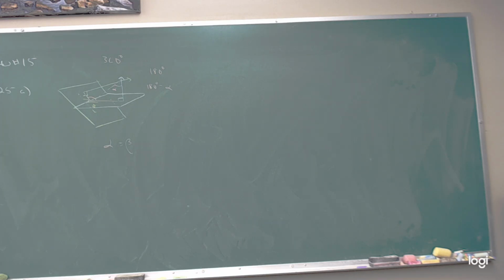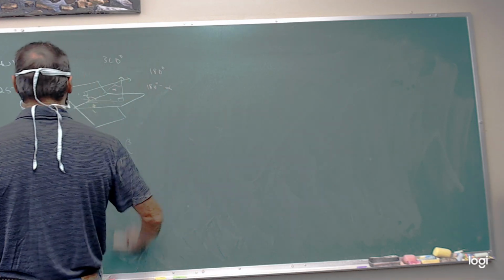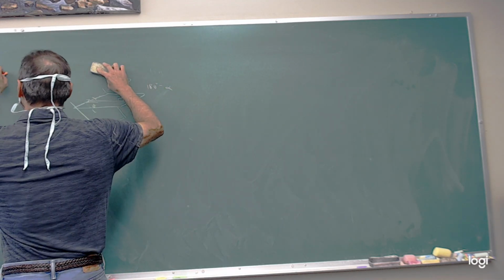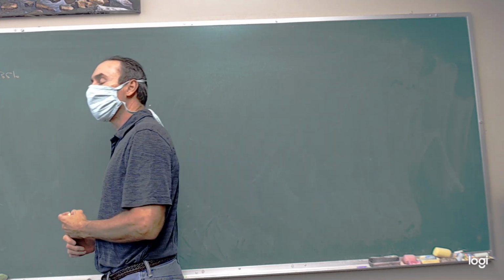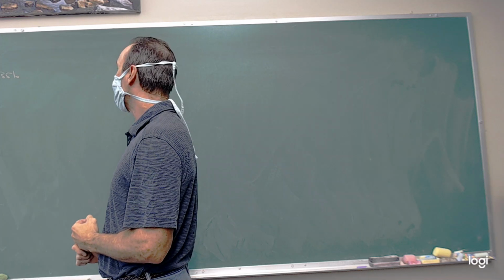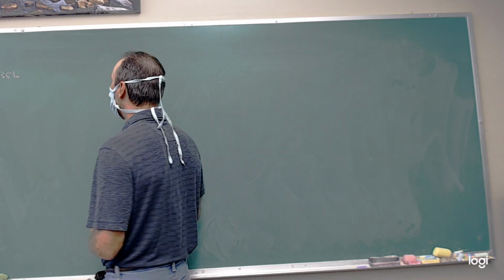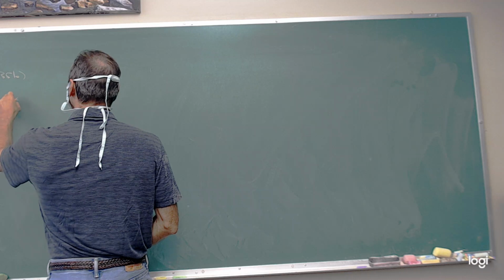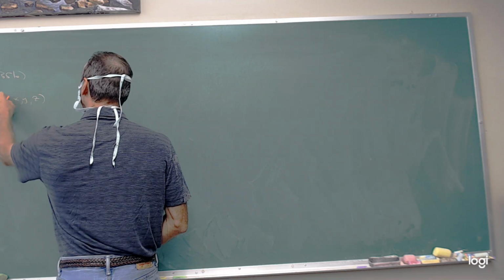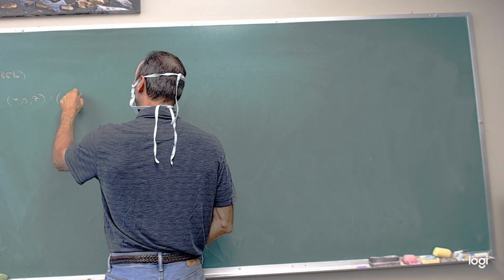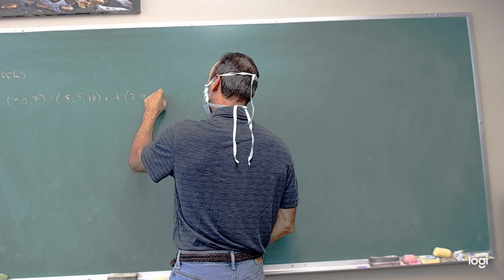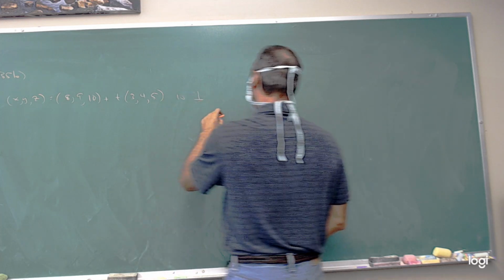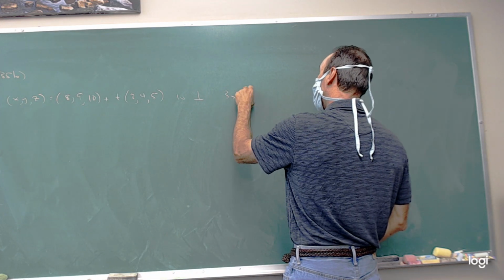35B. Oh, it's where lines intersect planes. We just didn't know how to do that. Because 37 is exactly the same, all we need is 35B. Explain why the line x, y, z equals 8, 9, 10 plus t times 3, 4, 5 is perpendicular to the plane 3x plus 4y plus 5z equals 10.